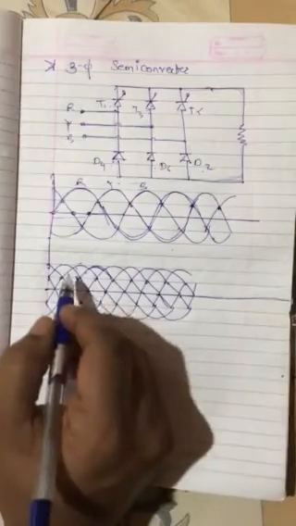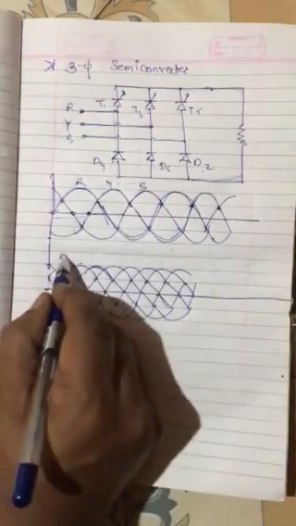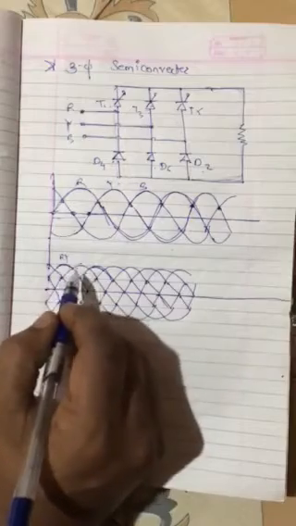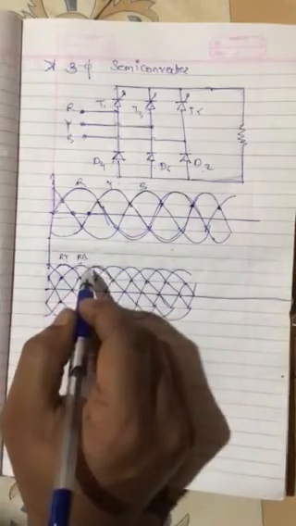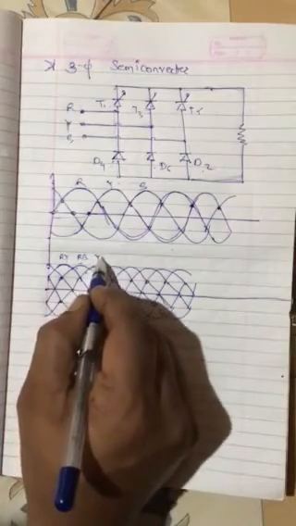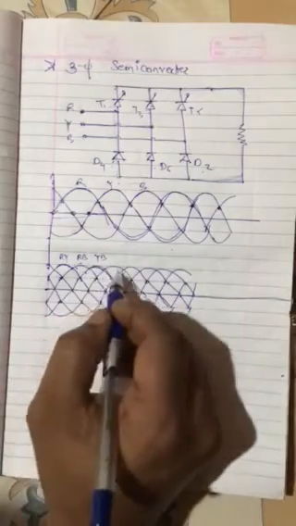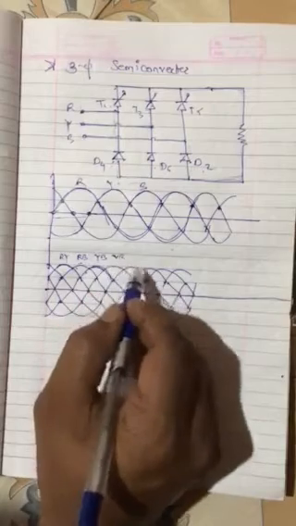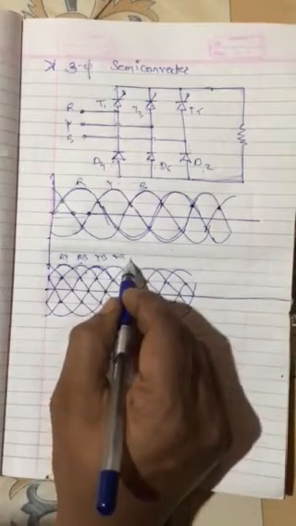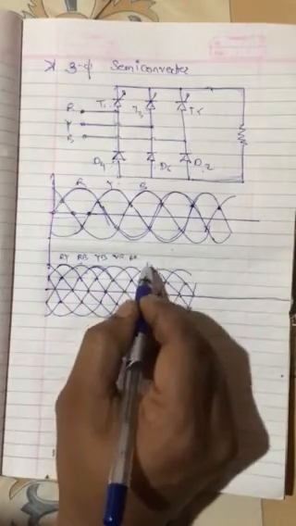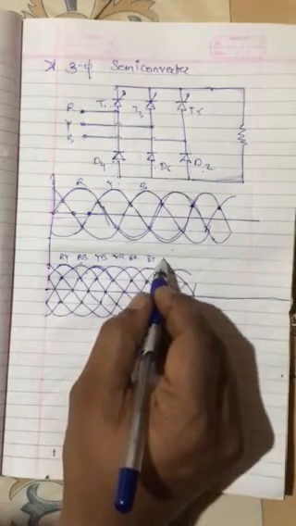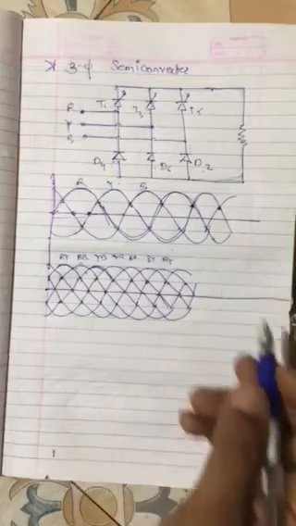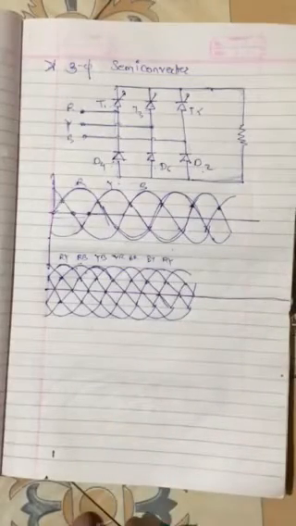Okay, so this is RY line voltage, this is RB, this is YB, this is YR, this is BR, this is BY, this is RY, and again RB starts.